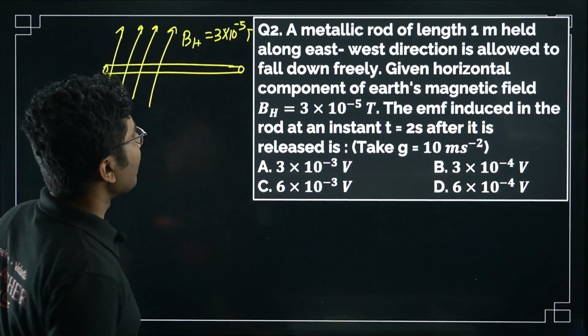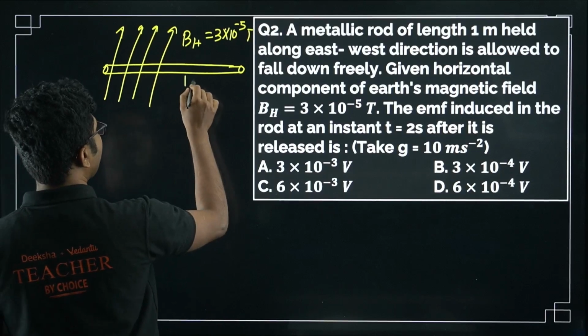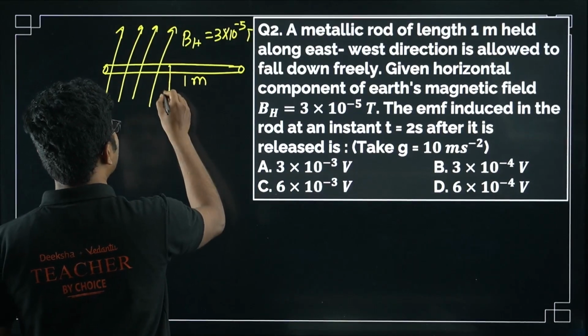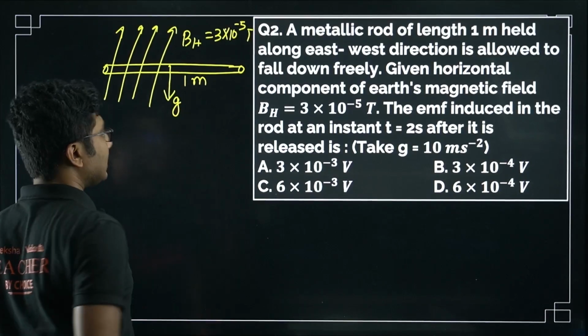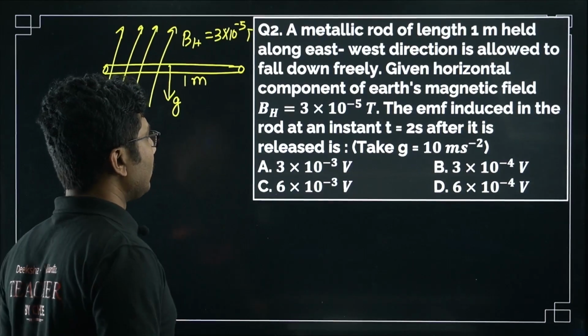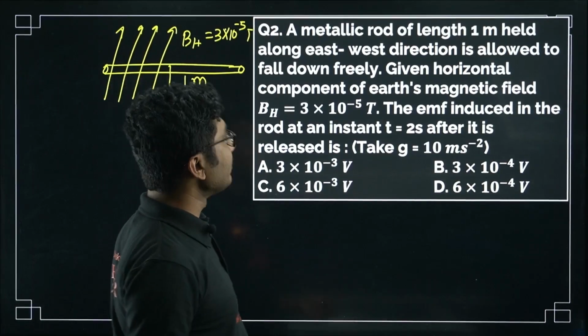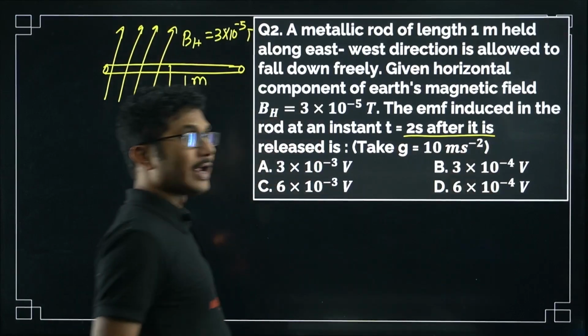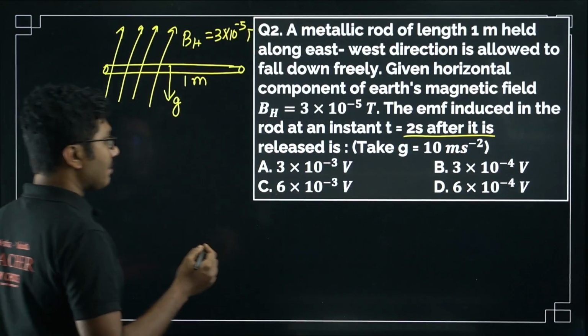Length of the rod is 1 meter. It is allowed to fall freely, which means it is falling under the action of gravitational acceleration. You have to find the EMF induced in the rod at an instant 2 seconds after it is released.